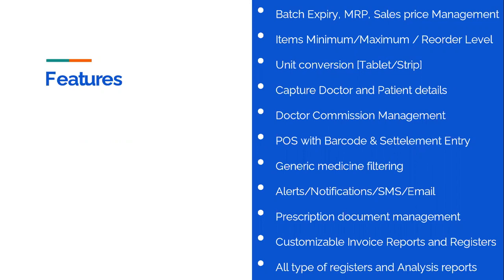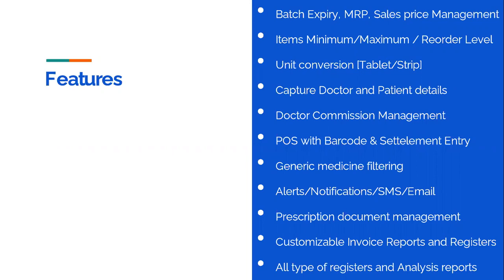The batch number will be used to track the expiry, and from today onwards the batch expiry will be calculated. For example, if expiry is 1 year, then from today onwards the 1 year expiry will be considered. So this is one of the key features in the pharma industry, like batch and expiry management.